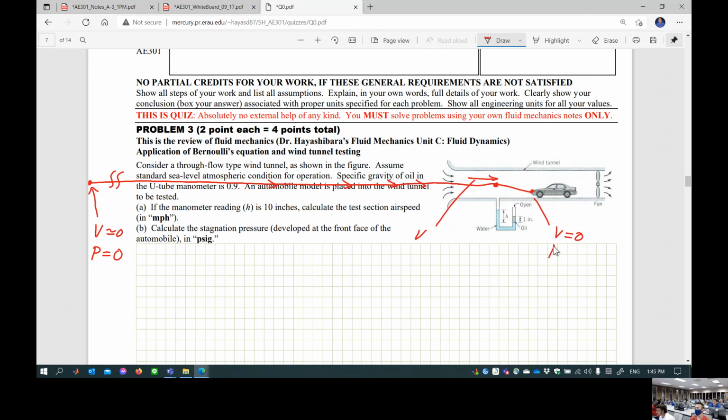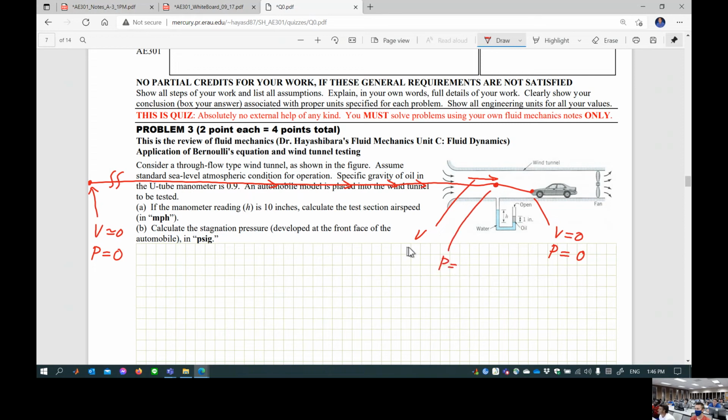What is the pressure here where the velocity is 0? Dynamic pressure is 0 because it's not moving. It's the stagnation point, so pressure is 0, right? So this is the velocity V here. What is the pressure here?